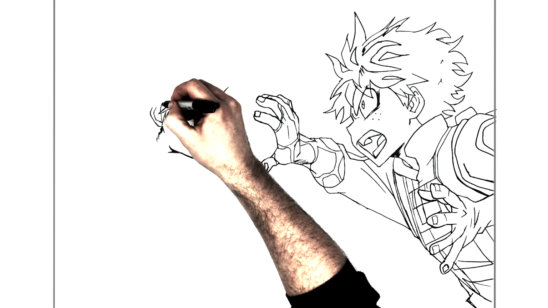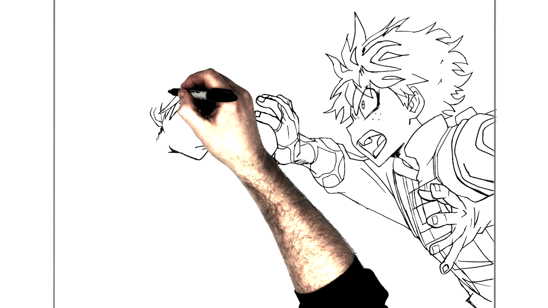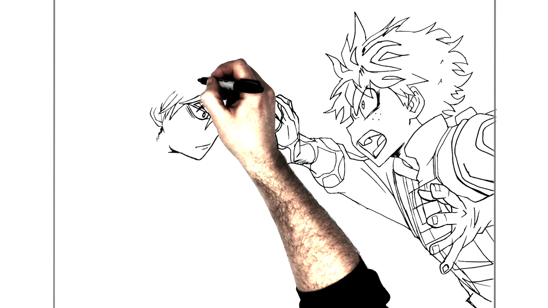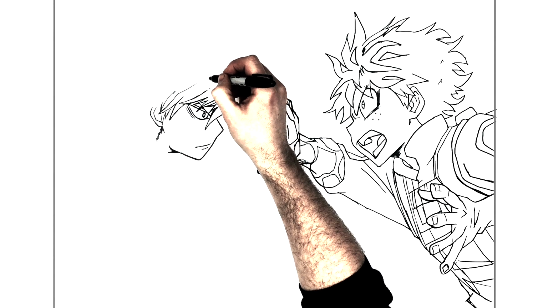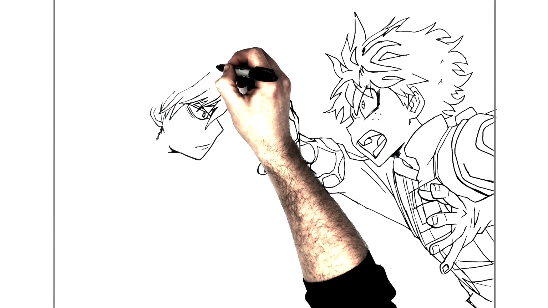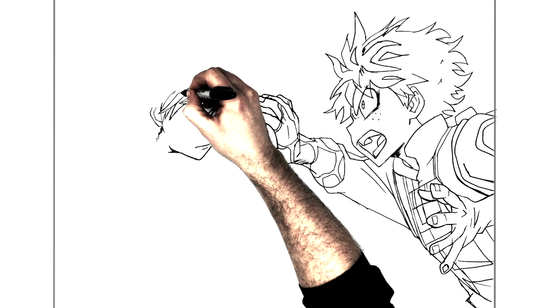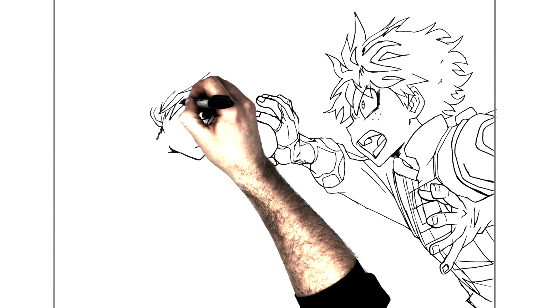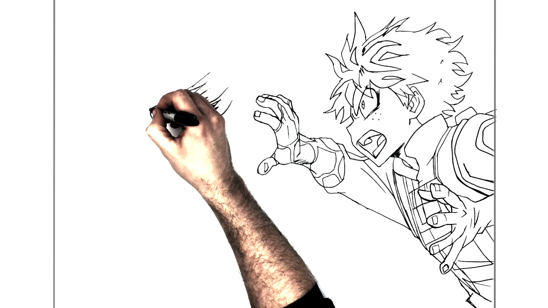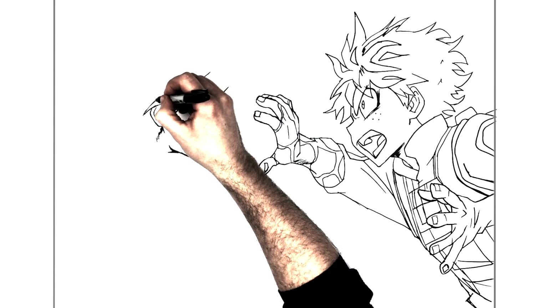And then we have more hair spikes, lots of them, all coming out around his head, all following this direction on his head. Another one coming down the top of his ear, goes back up this way.